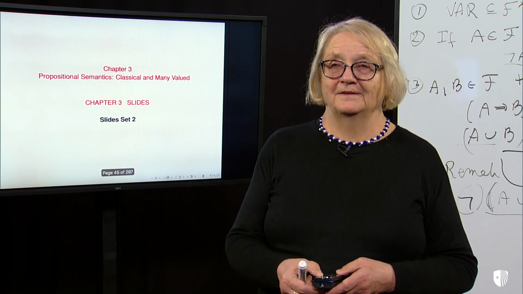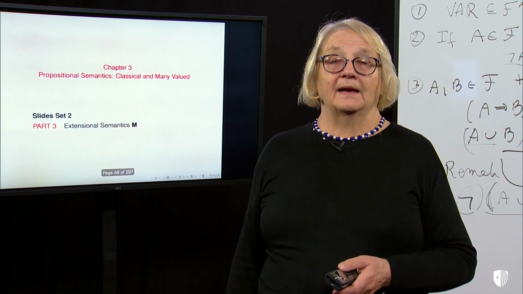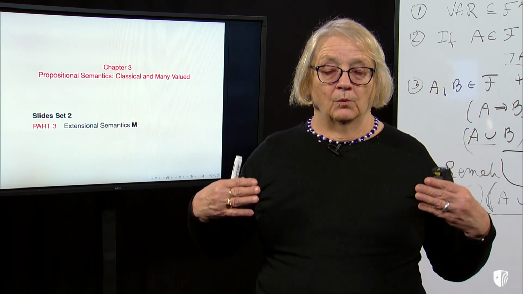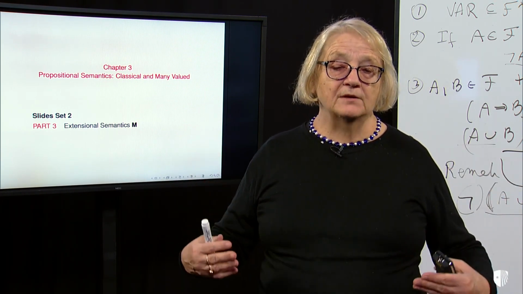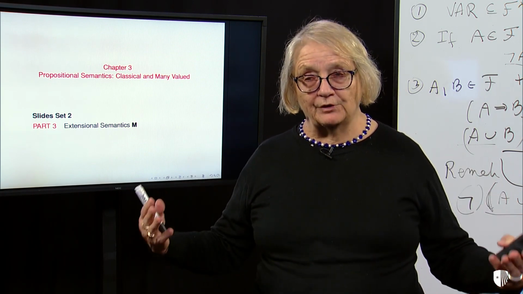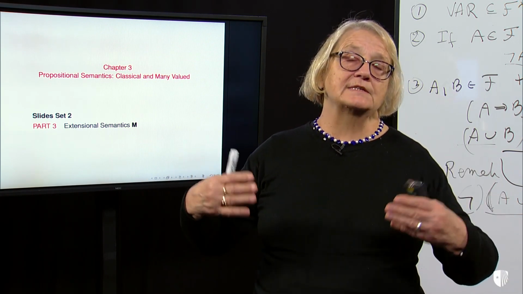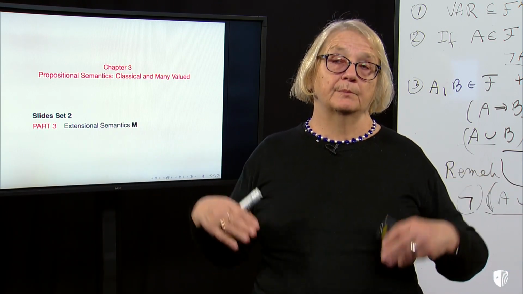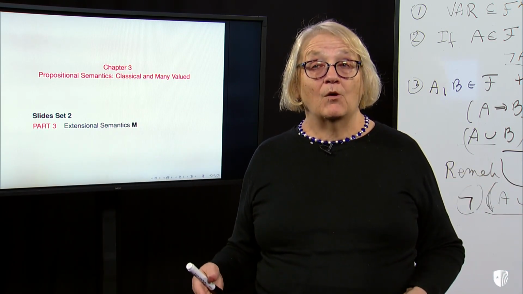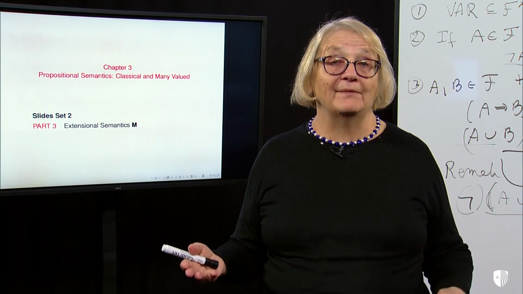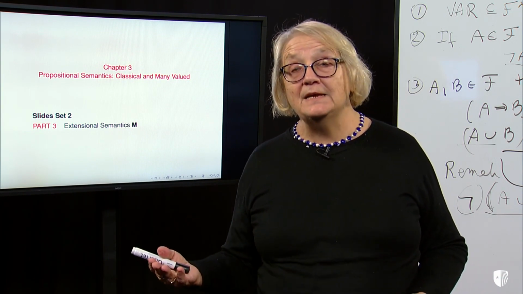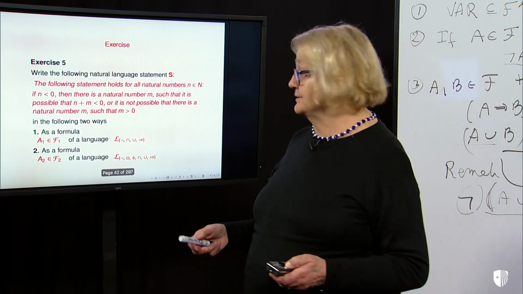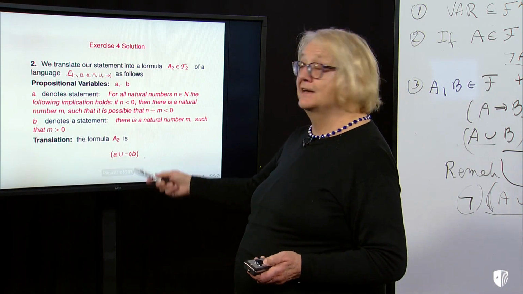And there are more examples. So, extension of semantics. This was syntax: what a propositional language is, how we define the formulas, and how you translate natural mathematical sentences into a given propositional language. And now we talk about semantics. It means, what does it mean that a formula somewhere gets a value?